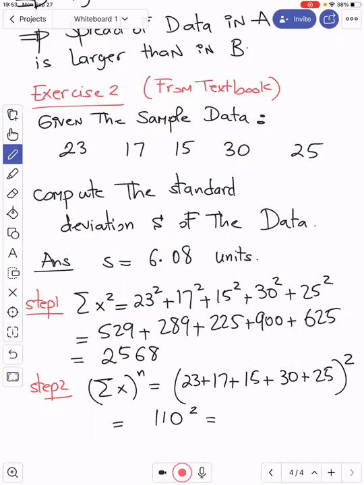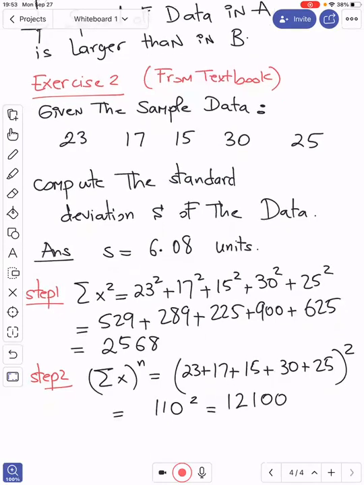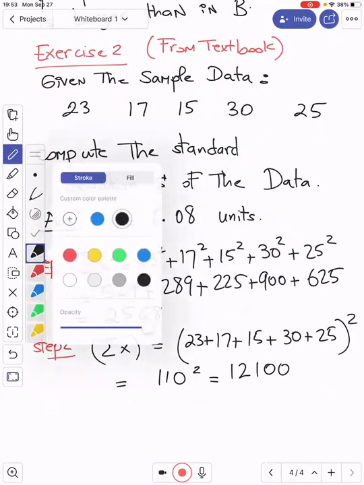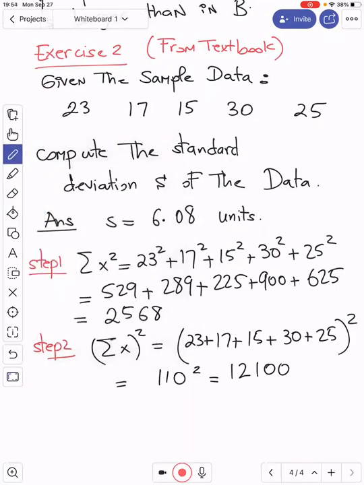Then 110 squared will be equal to 12,100. Sorry, of course it's a square there.